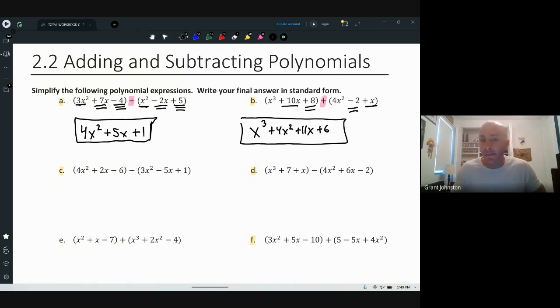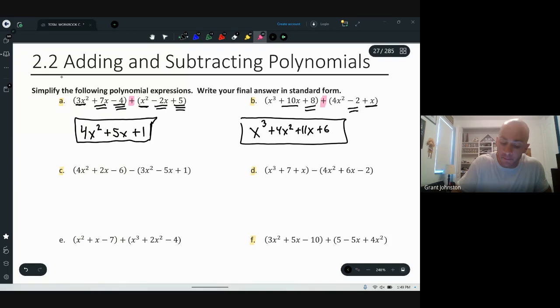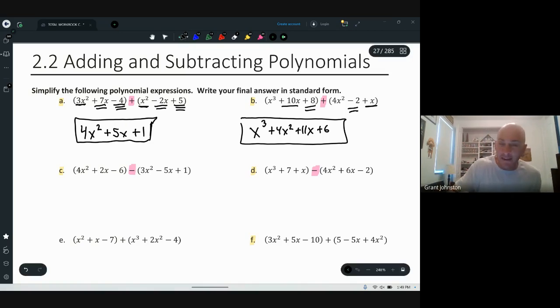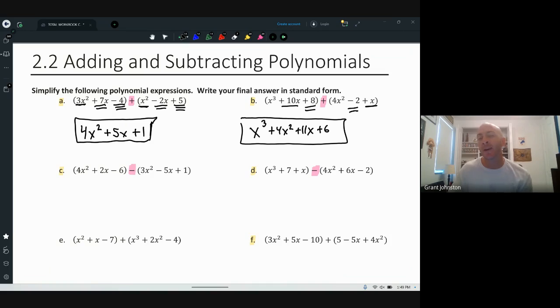C is subtraction. Now, you could use the same method that I was doing there, except just subtract the like terms, but it can get a little messy with subtraction, so I have a different suggestion.